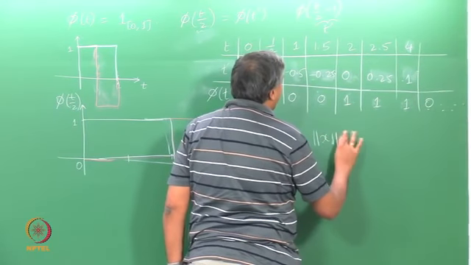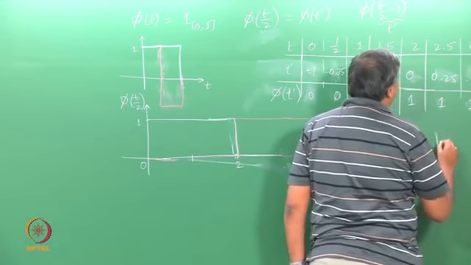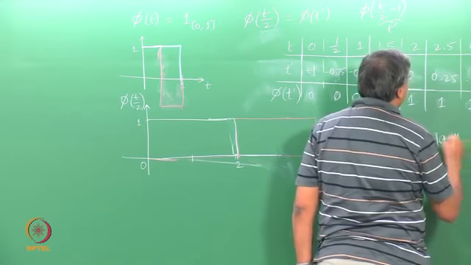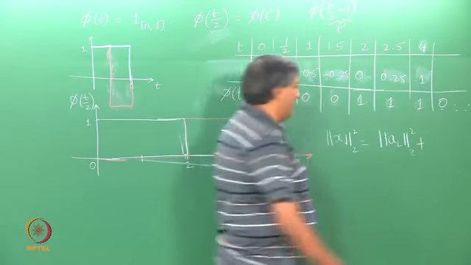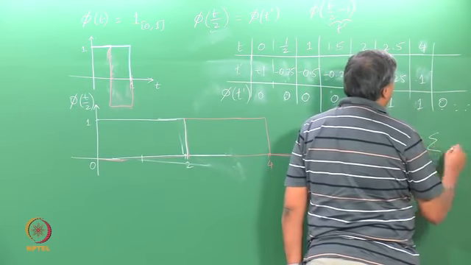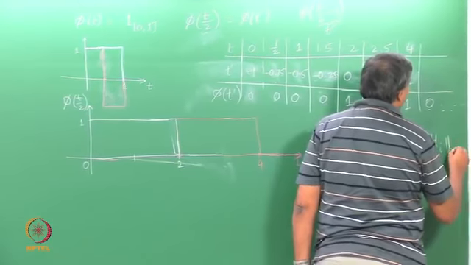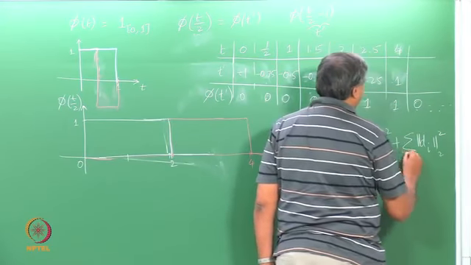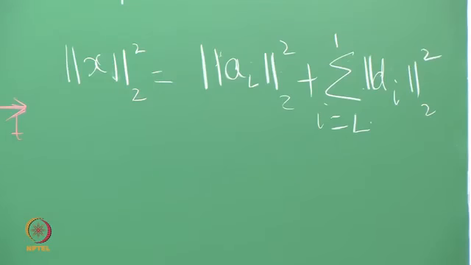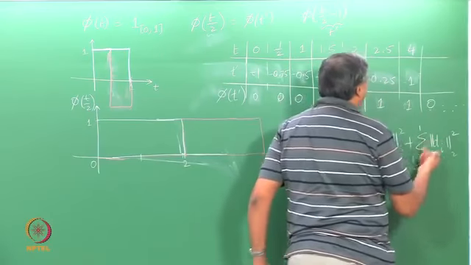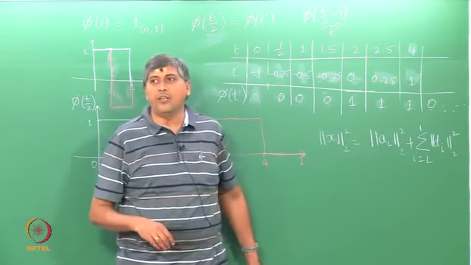In other words, if x is your signal, it is a vector. So, the sum square of this x, if you have performed L level decomposition, is the sum square 2 norm of AL plus the sum square 2 norms of the detailed coefficients, for i equals L to 1, or you can say 1 to L. I just went from L to 1, so that when you expand this, you will get dL first and then dL minus 1 up to d1.